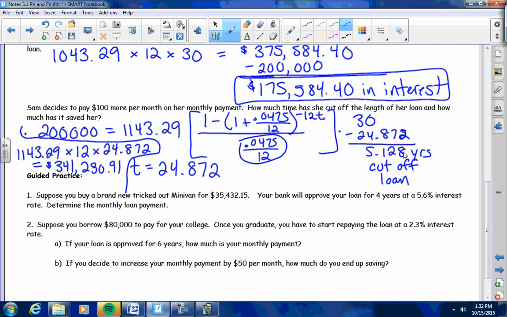So she cut 5.128 years off of the loan, and then she saved, well, she was at 375,584.40 minus 341,230.91. She saved $34,353.49 in interest.